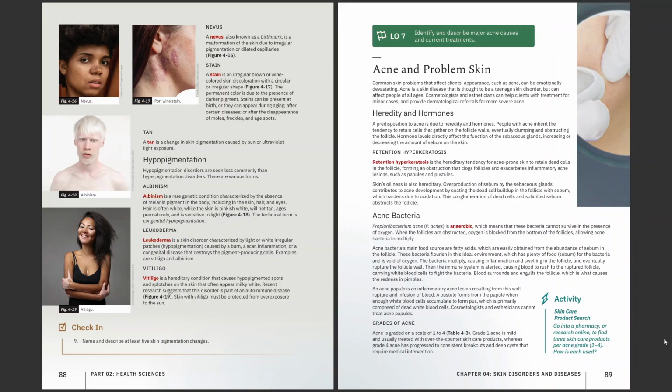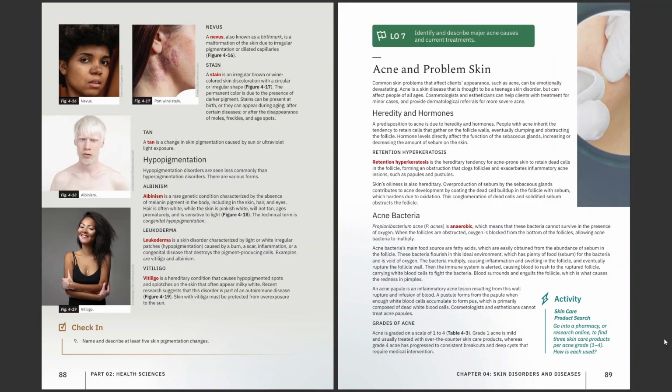Retention hyperkeratosis is the hereditary tendency for acne-prone skin to retain dead skin cells in the follicle, forming an obstruction that clogs follicles and exacerbates inflammatory acne lesions such as papules and pustules.